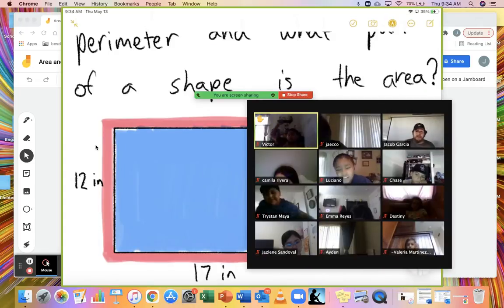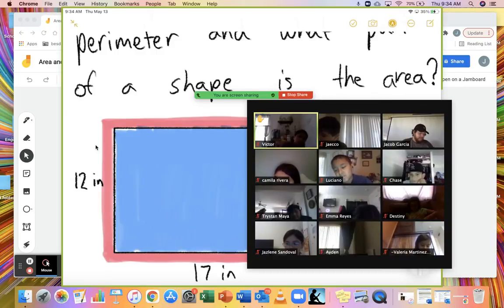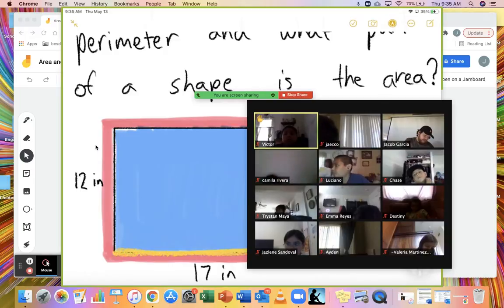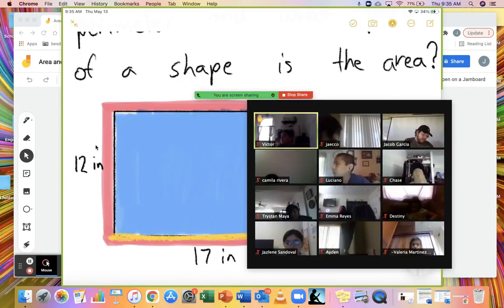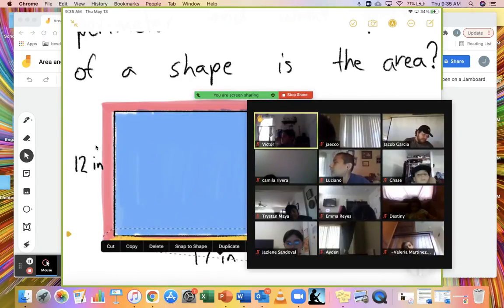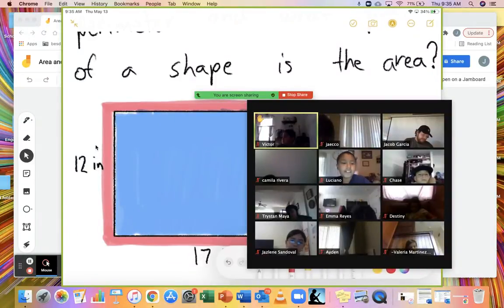When one side is one length, if it's rectangles and squares, that means the opposite side is also the same length. And since that's the case, it's the same thing with 17. You see? Both sides will be the same, so that will also be 17.